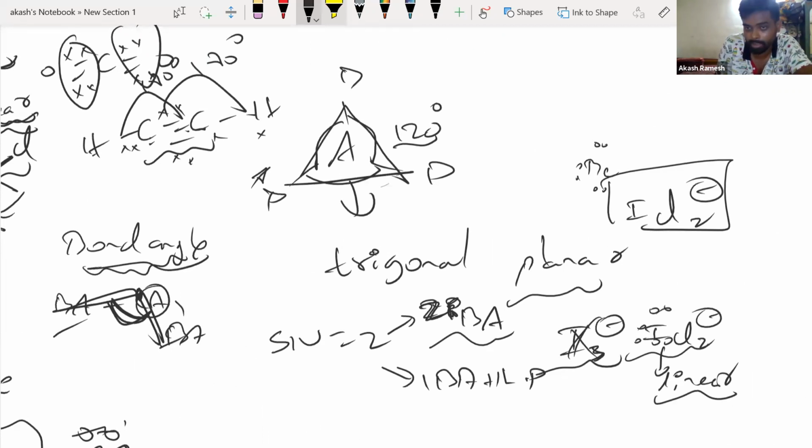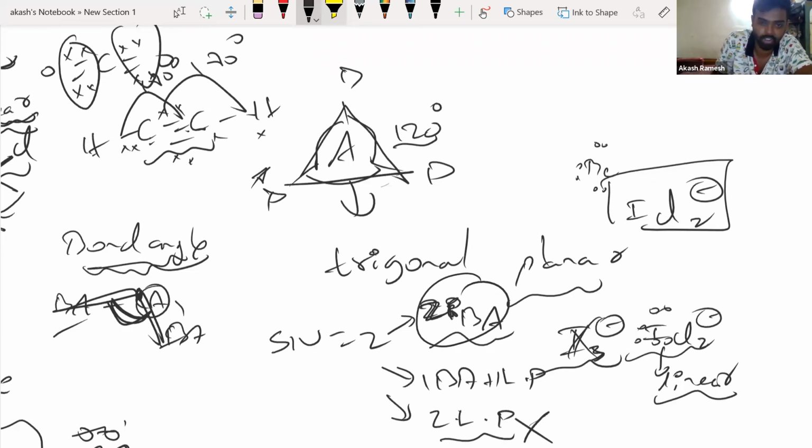That is also a possible case. And the third one is obviously 2 lone pairs on the central atom, which is not even a molecule. There is no molecule which will have 1 bonding atom and 1 lone pair on the central atom.